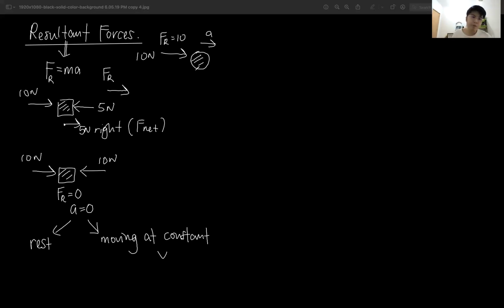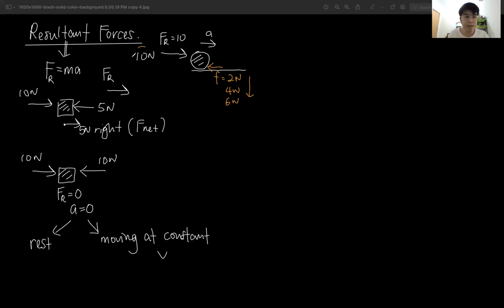What if we have a frictional force here, and let's say that this frictional force keeps on increasing? That means at first it is 2 Newton, and then suddenly becomes 4 Newton, 6 Newton. As the frictional force increases, your resultant force will decrease.